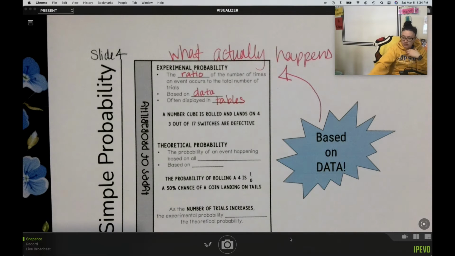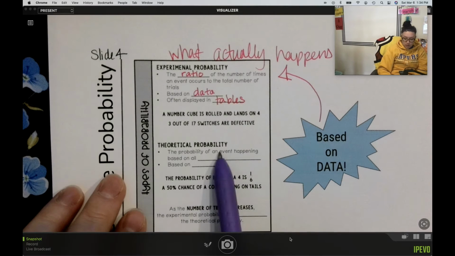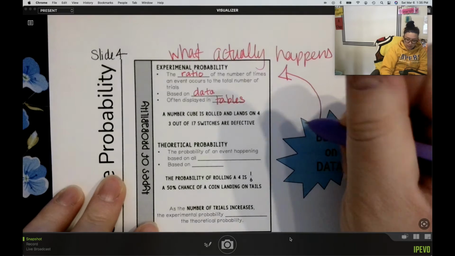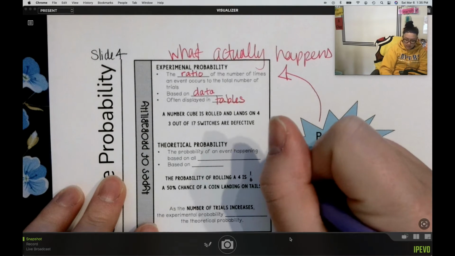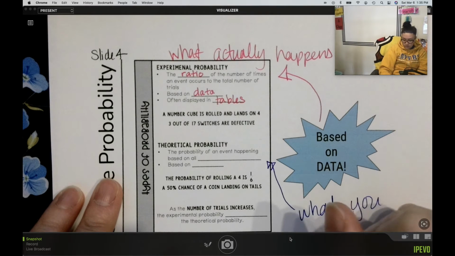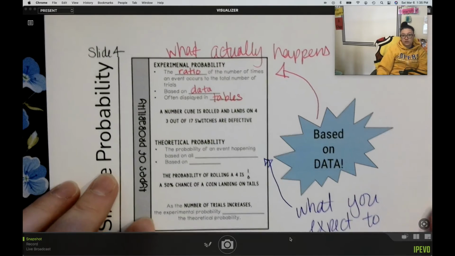That is experimental probability. What we just saw before was theoretical. Theoretical probability is what you expect to happen.